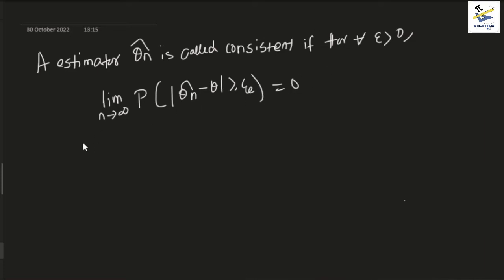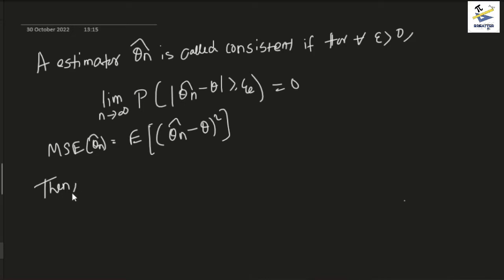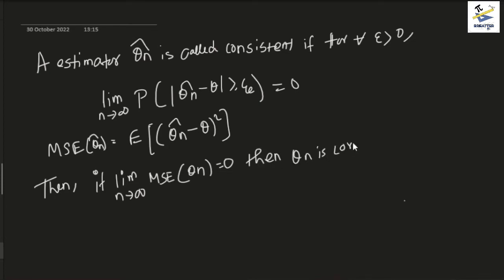Now obviously we also defined that MSE of theta n was simply equal to the expectation of theta n minus theta, squared, right? Then we see that if the limit as n tends to infinity of MSE of theta n equals 0, then theta n is consistent. This is another property.